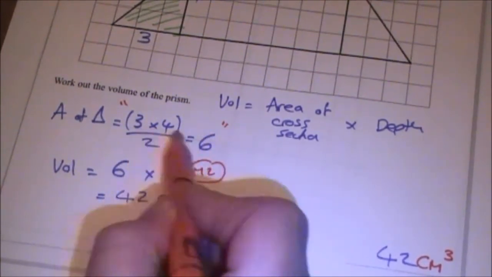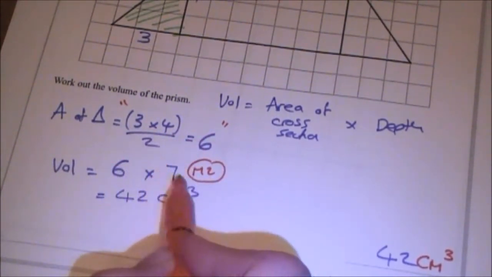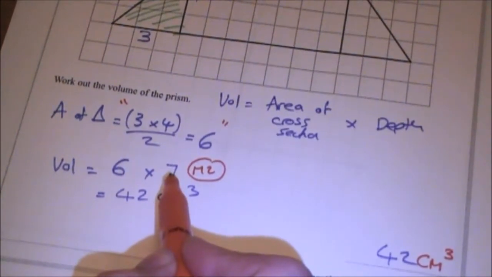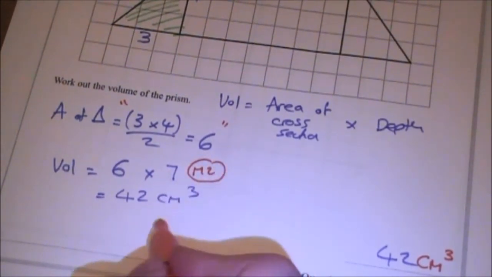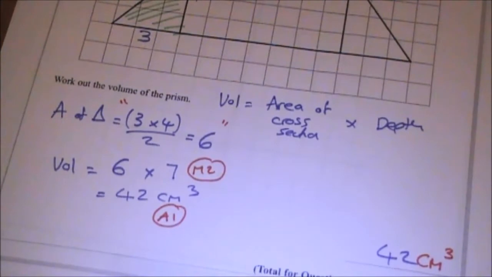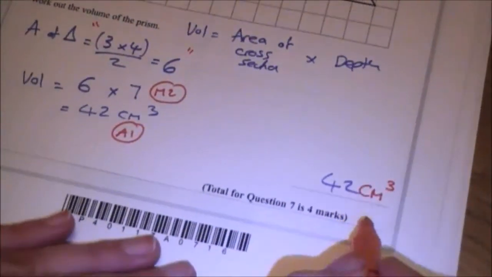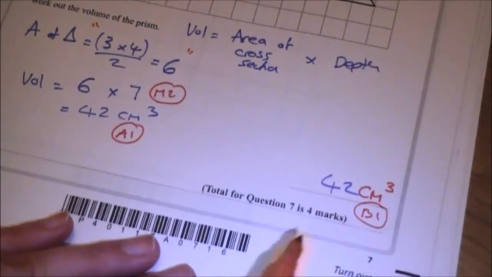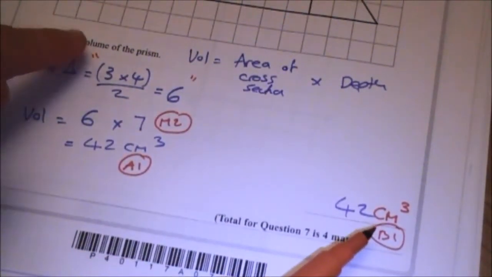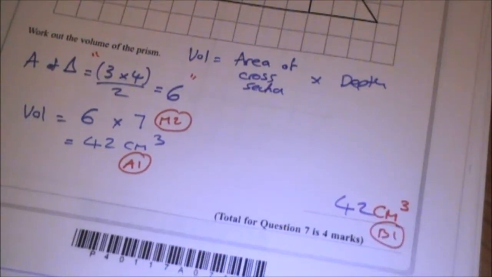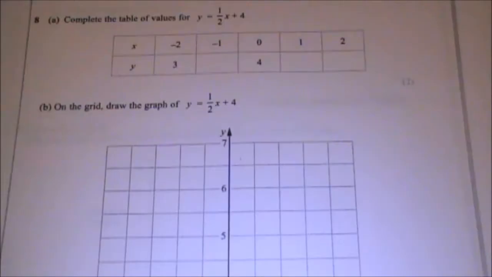So you'd get 1 mark for that, but it's 2 marks if you've shown that you also need to multiply by 7. Then you get an accuracy mark for showing the 42 centimetres. So that's 3 marks. Then our third mark is this B1 mark for showing that you have the knowledge of the fact that volume is centimetres cubed. There's your 4 marks.